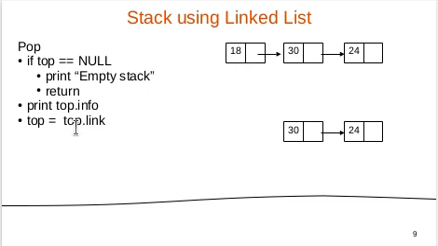Then top will be the link of this top. Previously top was the address of this location, now top will be the address of this location. So the address of this is stored here, so top stores the address of this location. So in this way we can delete a node from a linked list.